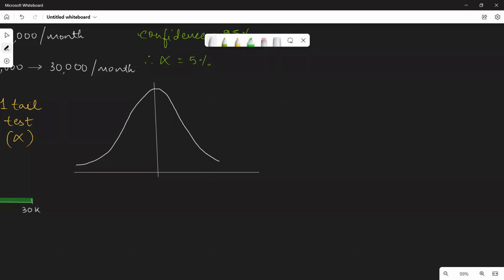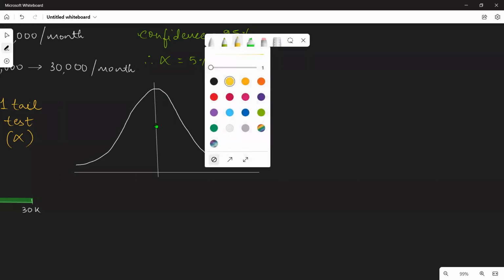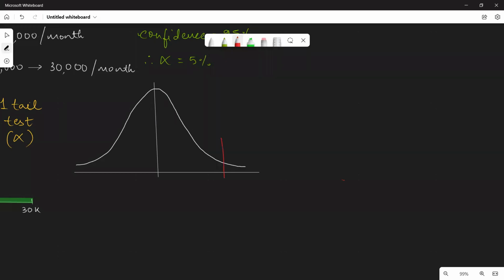I'm not getting into the values of the rejection region, but a basic graph like this you can definitely draw. This is a right tail test, that means the rejection region will be on this side. This kind of rough graph you can draw for your convenience. So this is what this problem would infer.